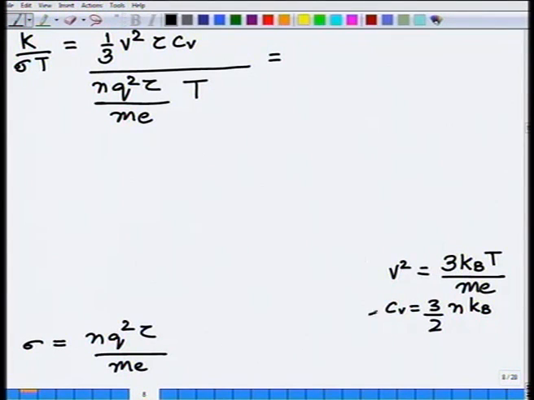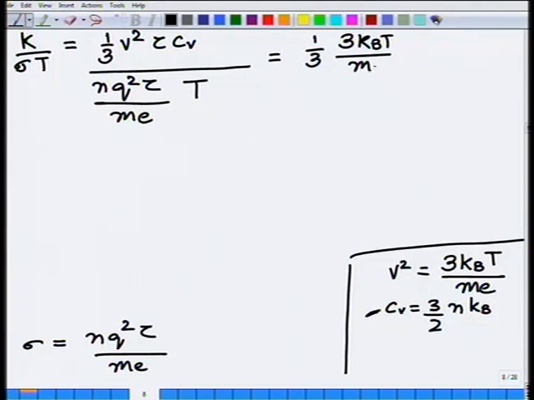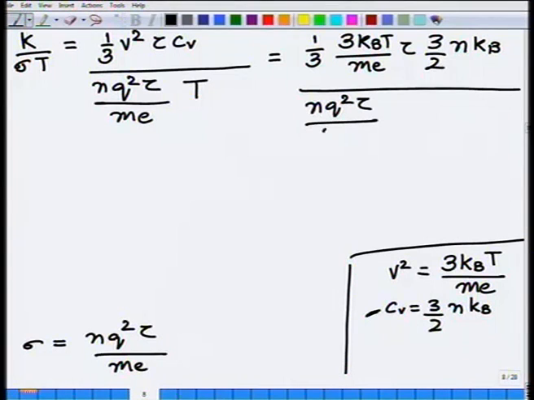And we will also substitute Cv, which is already given here. So, 1 by 3, then for V square 3 Kb T by m_e, and there is a tau here, and then Cv as 3 by 2 n Kb, and this whole thing divided by n q square tau by m_e times T.